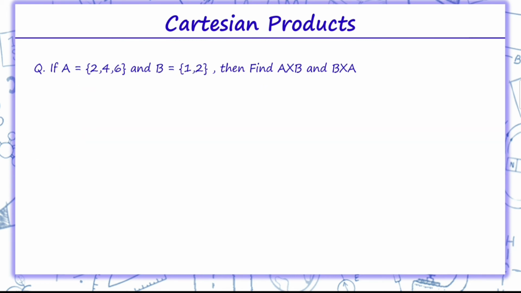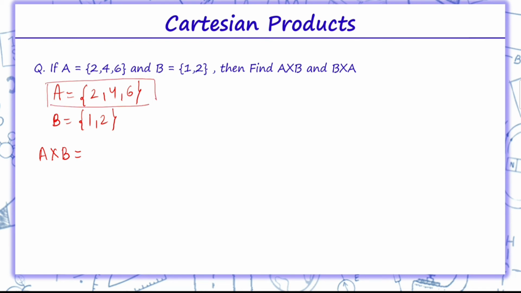Coming to a question, set A is {2, 4, 6} and set B is {1, 2}. We have to calculate A cross B. A cross B means we'll write first A and then B. So we'll get (2, 1). This element will be paired with both the elements of B, so we'll get (2, 1), (2, 2).